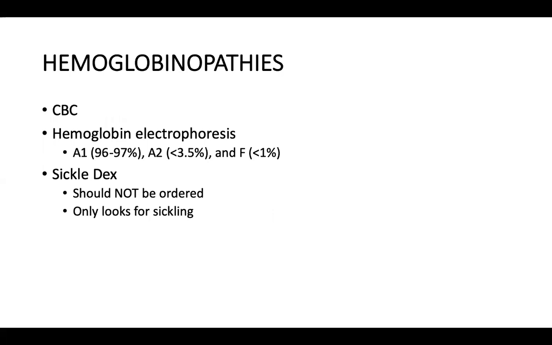So when we look at this CBC, the other thing that we look at is the hemoglobin electrophoresis. A hemoglobin electrophoresis is reported as hemoglobin A1, hemoglobin A2, or hemoglobin F. On a normal hemoglobin electrophoresis, F is usually less than 1%, A2 is less than 3.5%, and A1 is 96 to 97%.